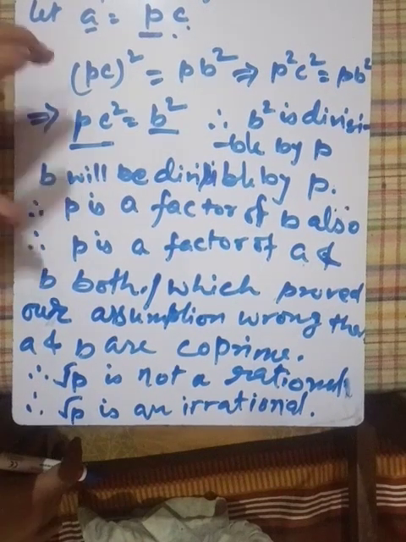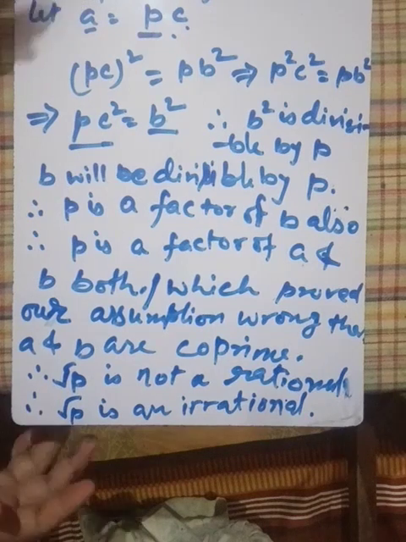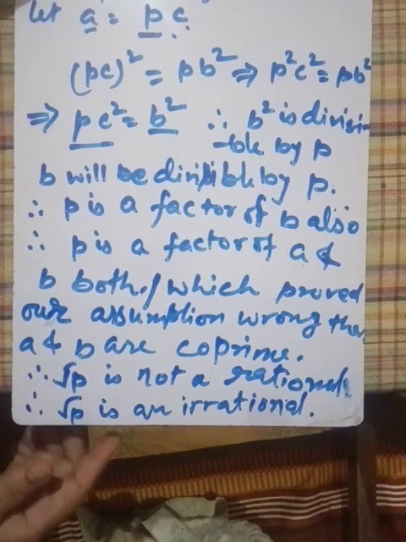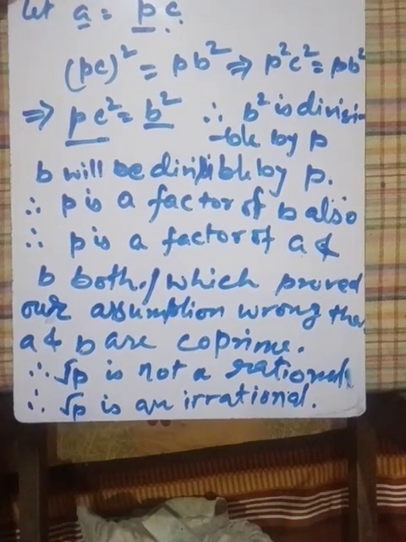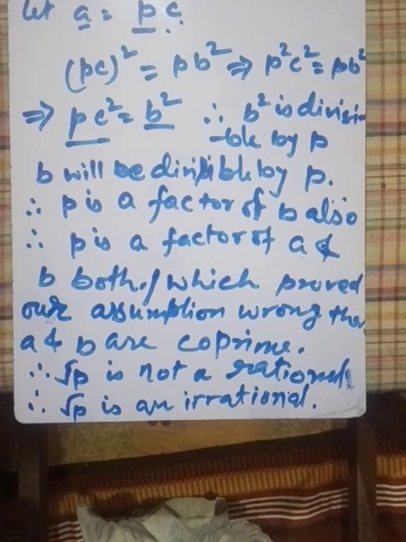The same process, same format will be used whether it is root 3, root 5, root 7. Already I have posted one PDF document in which I have proved it for root 3 with the same statements. So you will go through that, and you will do the rest of the questions.